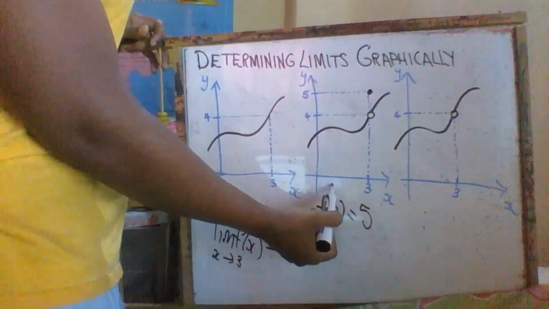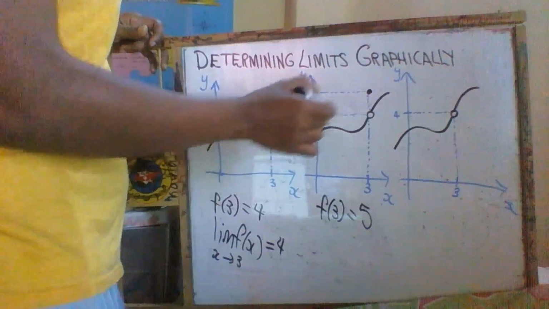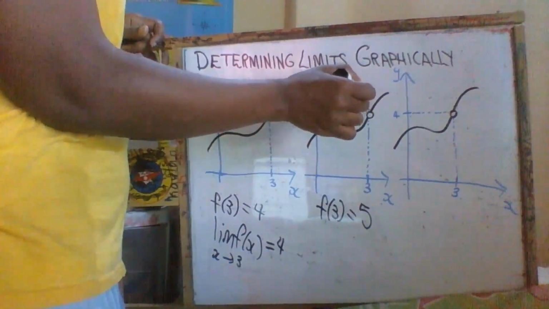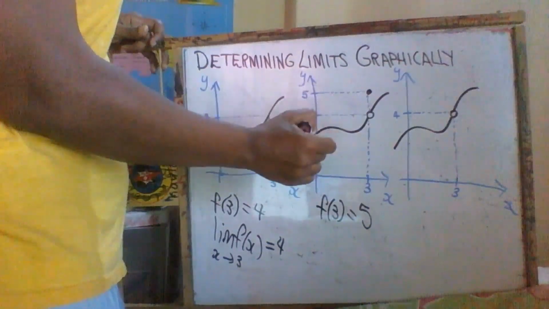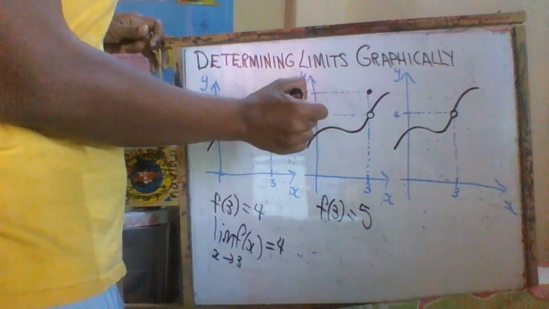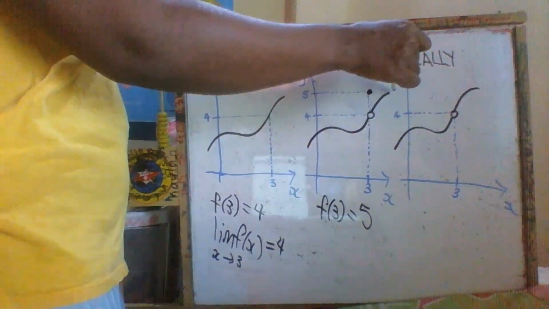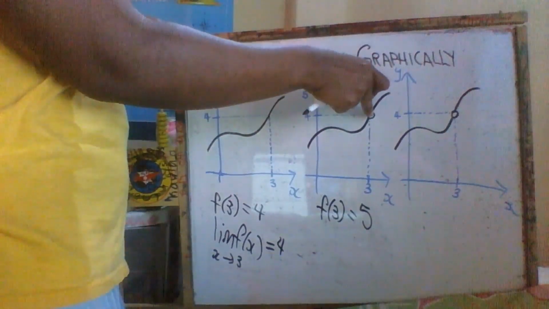If we're approaching 3 from the left, we're on the curve going towards this point here. If we're going from the left, x equals 3 is here, so we're going towards this point. And this point actually has a y value of 4. From the right, same thing. We're driving along, we don't know exactly what happens here, right?